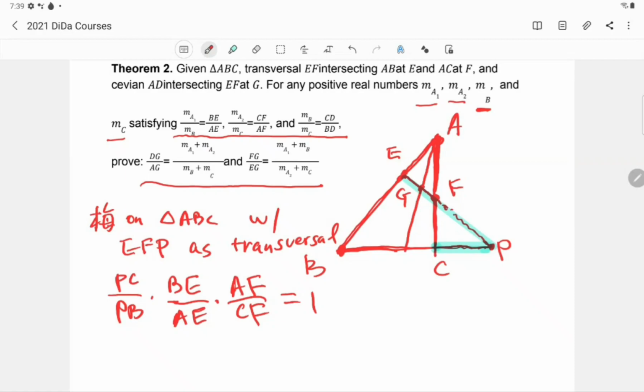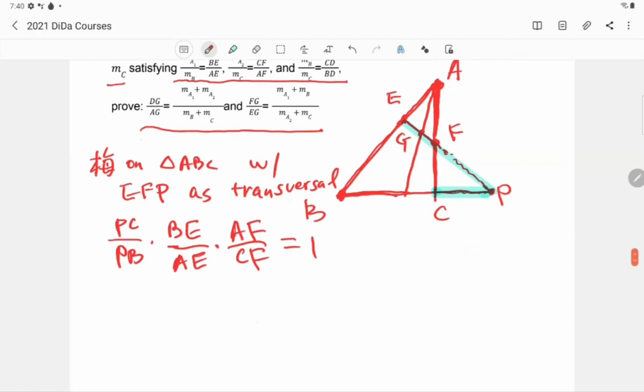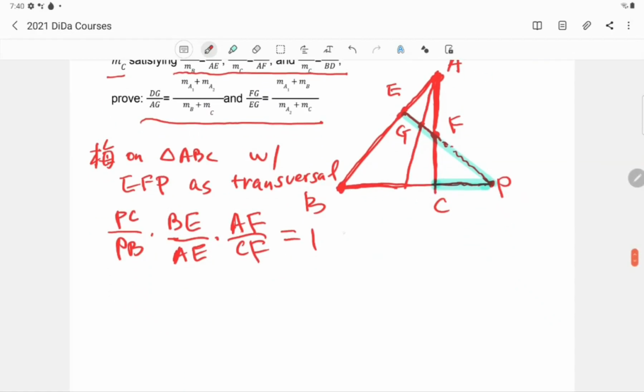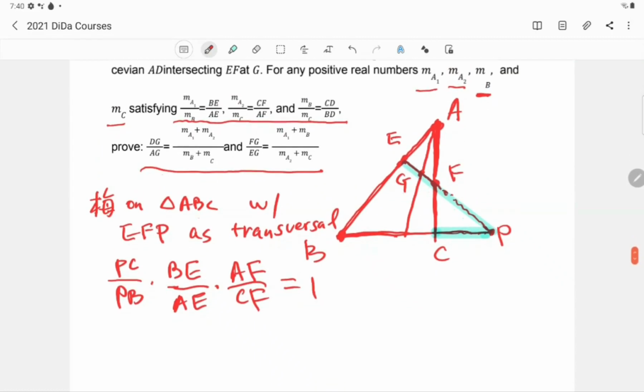That's what Menelaus says. And then from this, we plug in the given ratios.